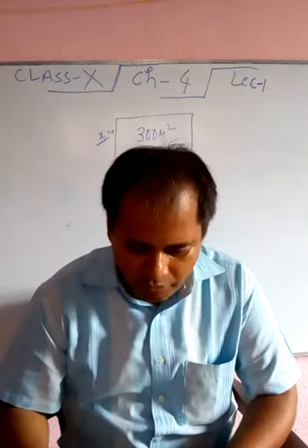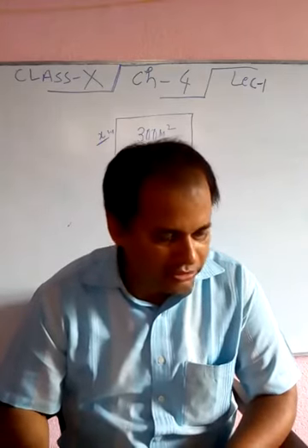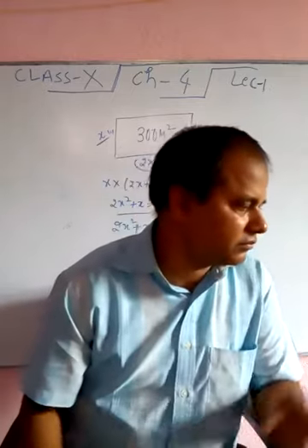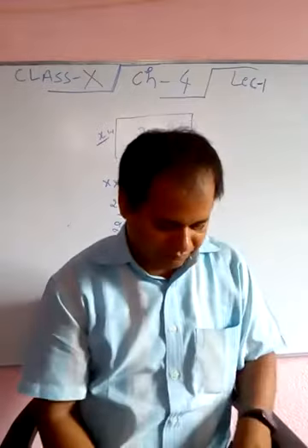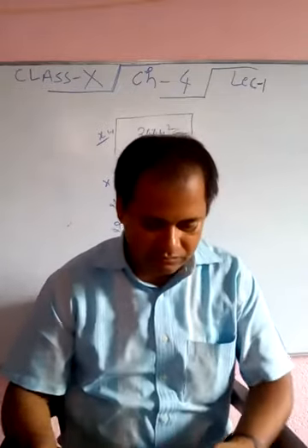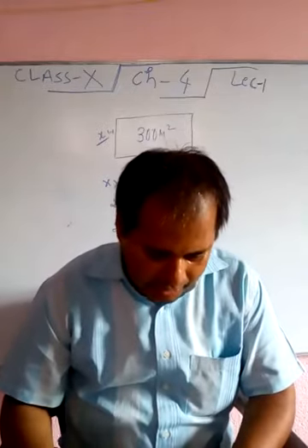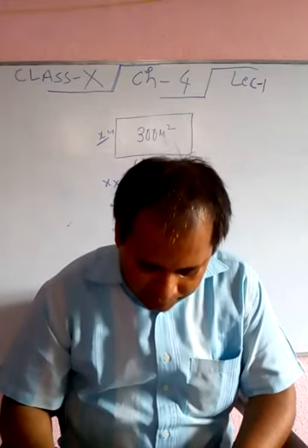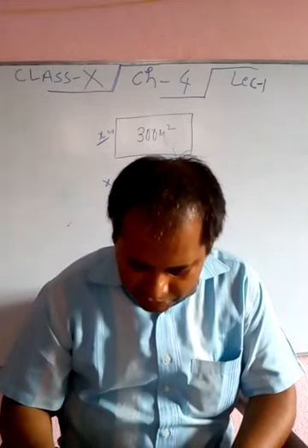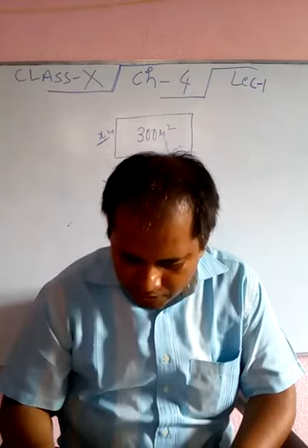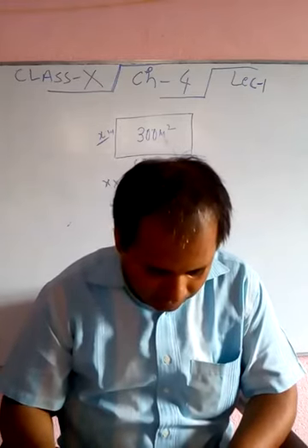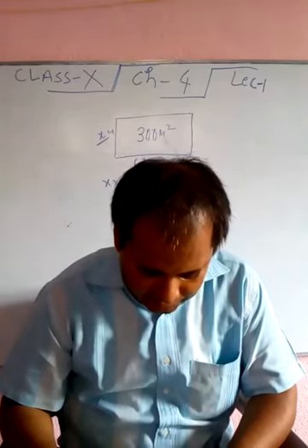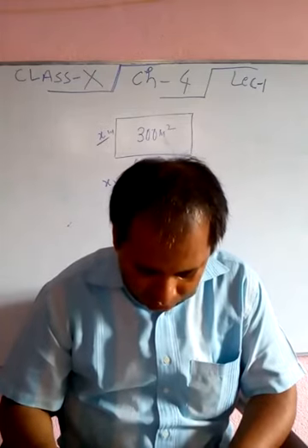Next point is 4.2 quadratic equation. A quadratic equation in the variable x is an equation of the form ax square plus bx plus c is equal to 0, where a, b, c are real numbers, a is not equal to 0.